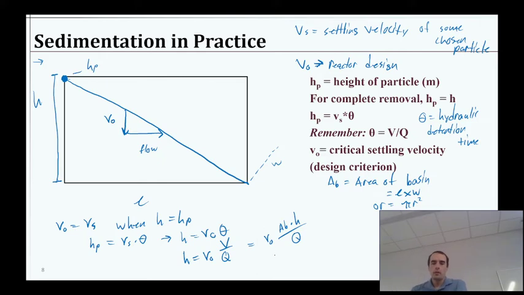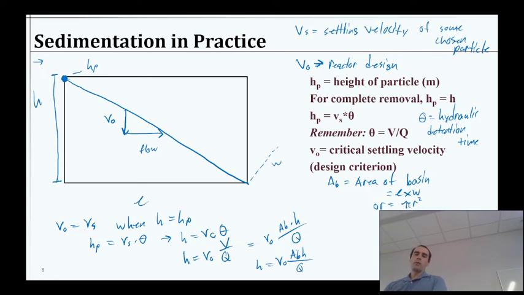All right. So with that, we can simplify, because we just said H equals V naught times AB H over Q. Let's find an equation for V naught.